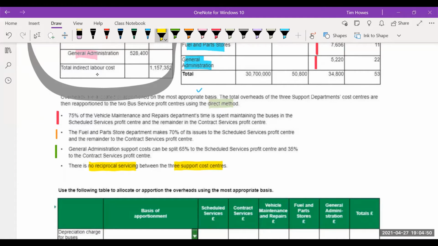It means that the fuel and parts store doesn't do anything for the maintenance, etc. So none of these 3 do anything for each other. Everything that they do is to support the two products, if you like. And for those that are aware, the direct method is what it is because there is no reciprocal servicing. And we'll make sure that you understand that at the end as well.